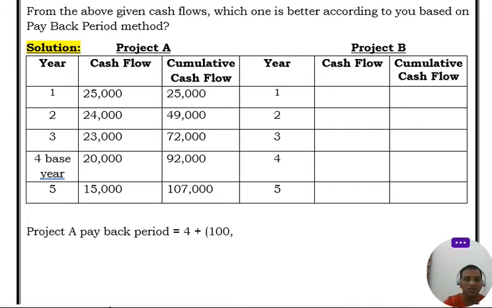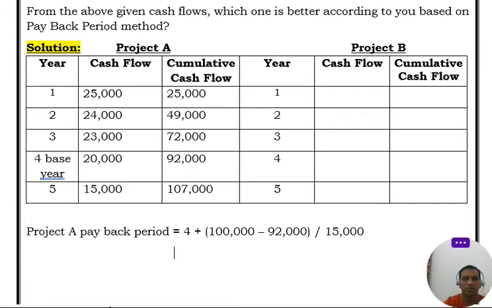Cost of the project 100,000 minus the cumulative cash flow recovered up to 4 years, that is 92,000, divided by the next year, the 5th year cash flow, that is 15,000.